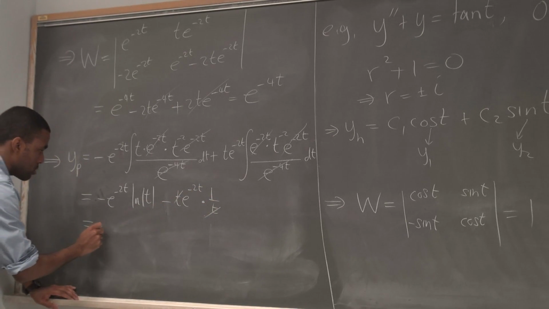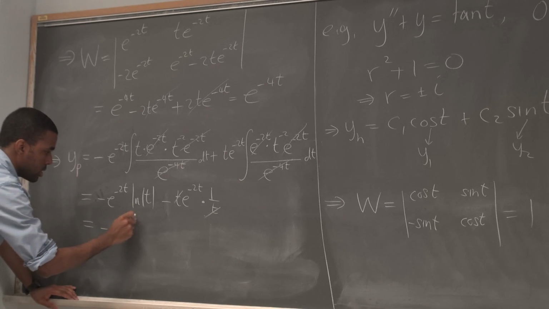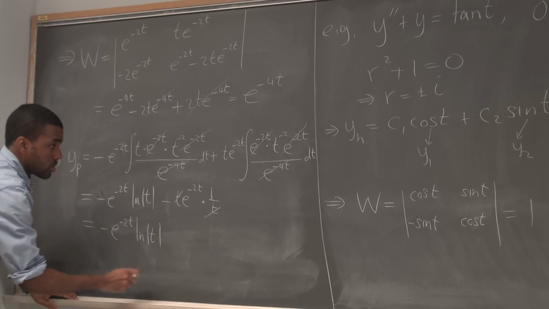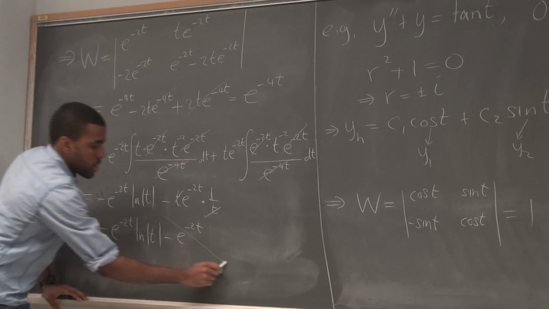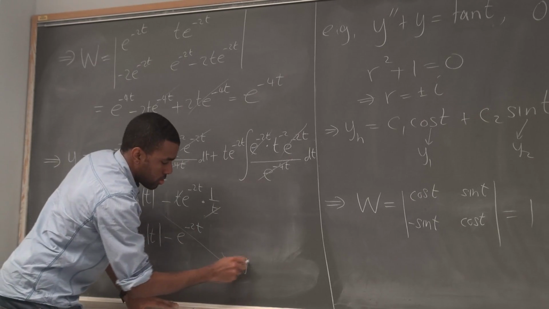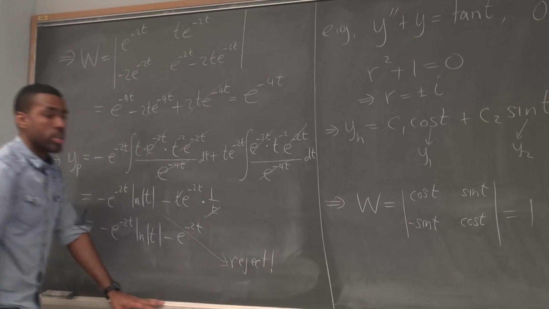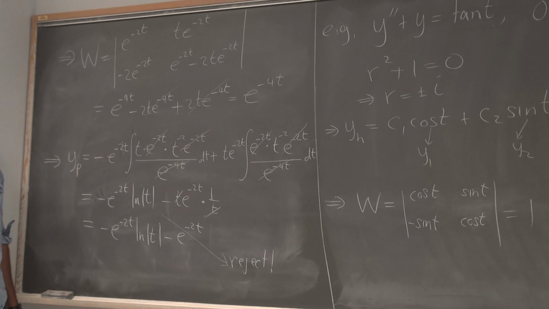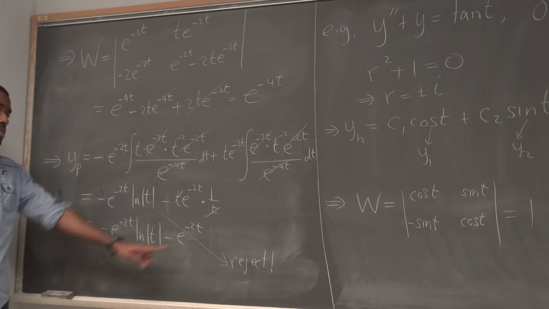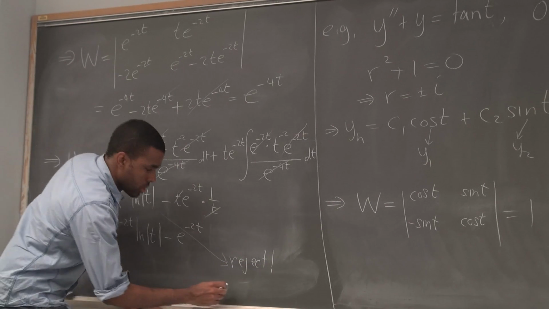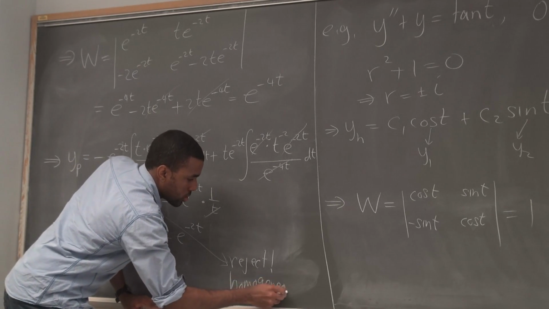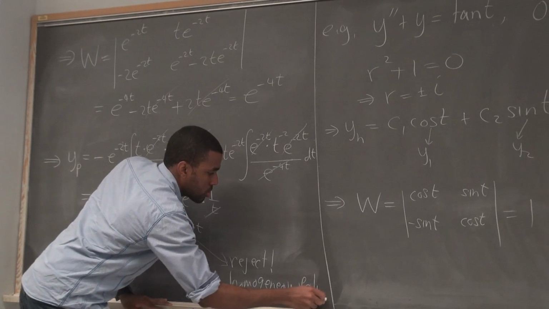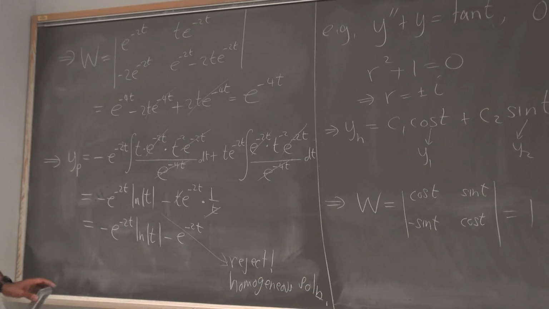And so here it gives my particular solution. This part here, though, reject. It's redundant. It's a part of the homogeneous solution. That happens sometimes. Just ignore that part.